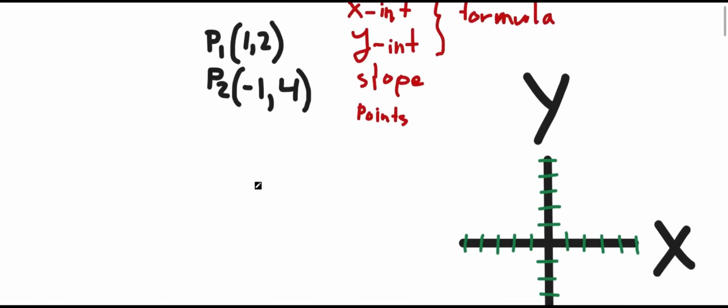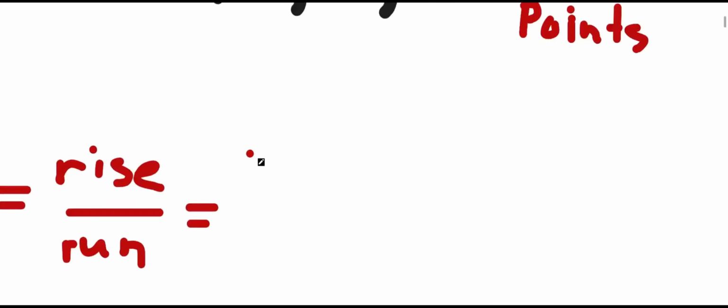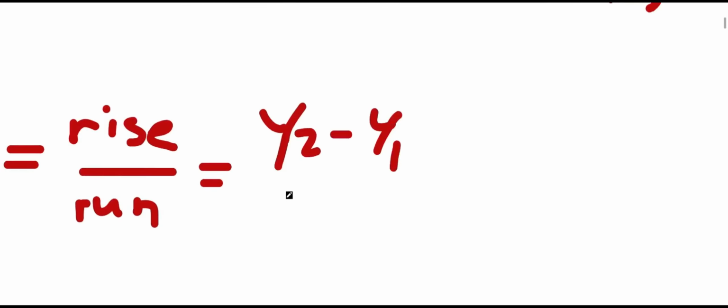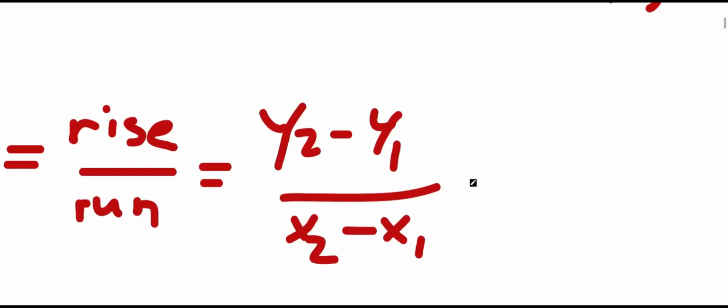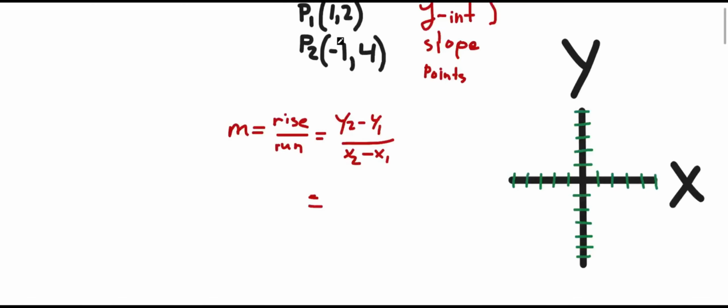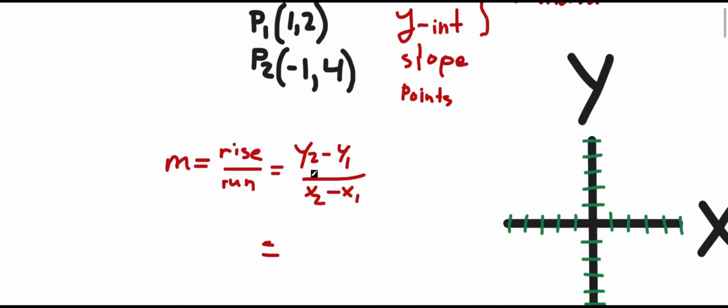So we must find slope first, and we do that by using the formula rise over run. And that's y2 minus y1 over x2 minus x1. So we just substitute these values from these points we got.